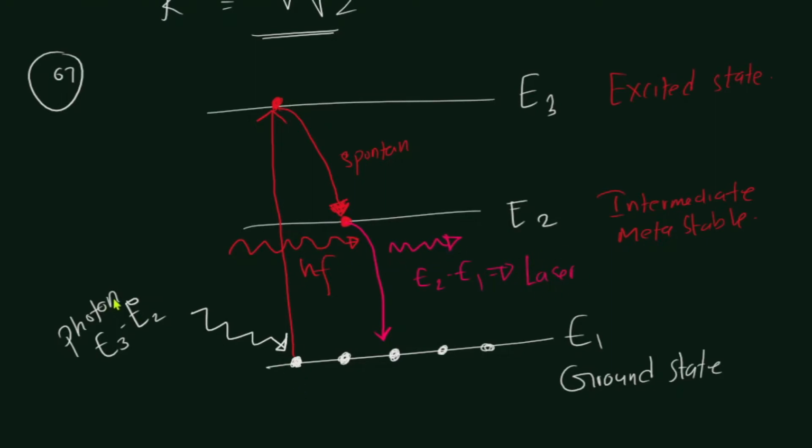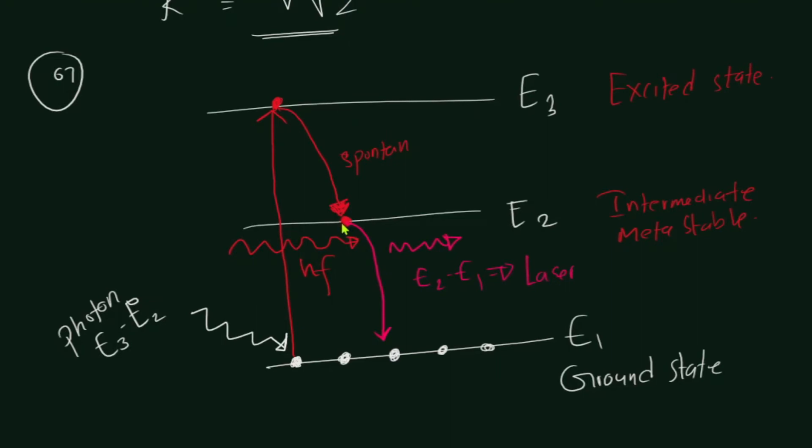So first of all, you incident a photon, and by absorbing that energy, this electron is excited to the excited state. Next, it comes back to an intermediate stable energy level. Then you send a photon, and this electron gets triggered or induced by this photon which comes close to it.